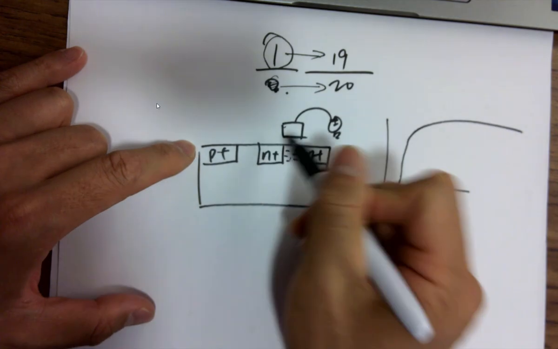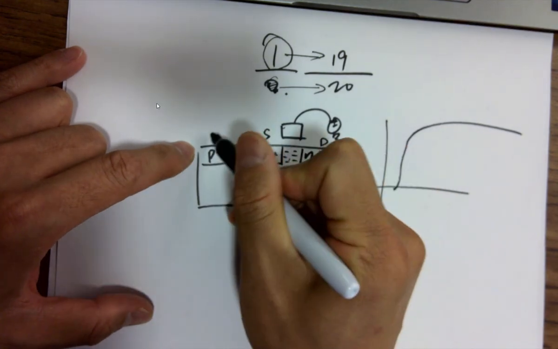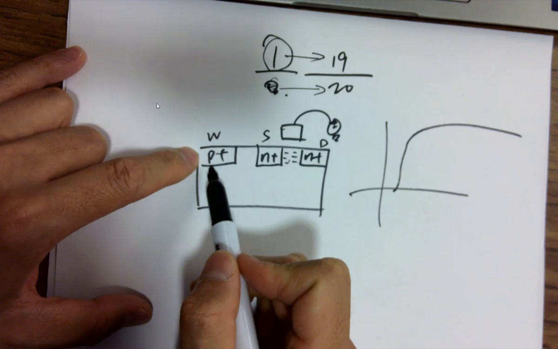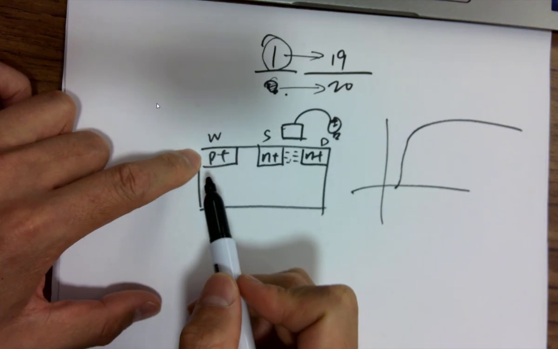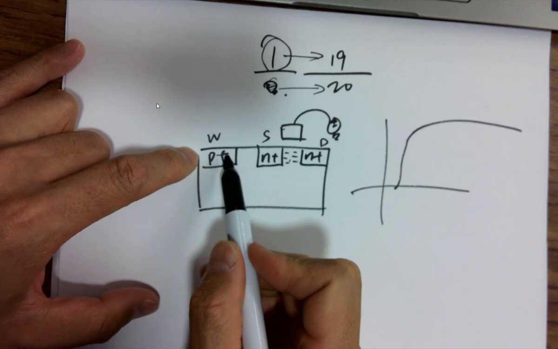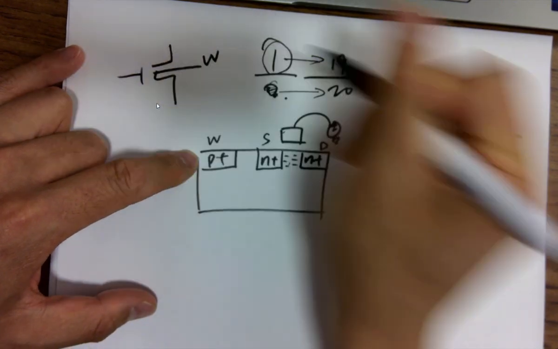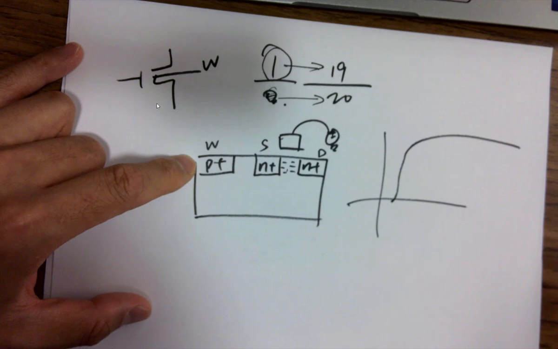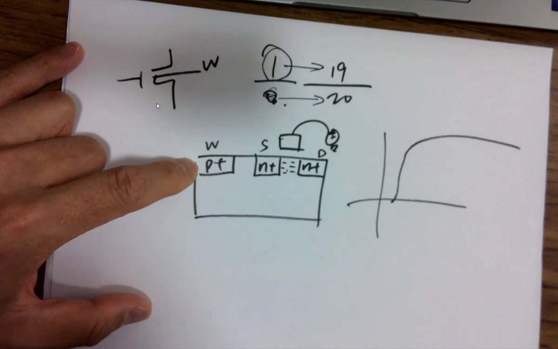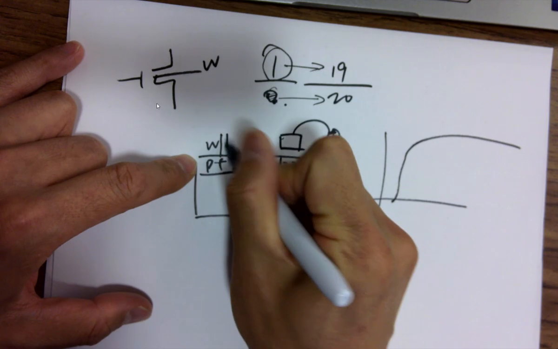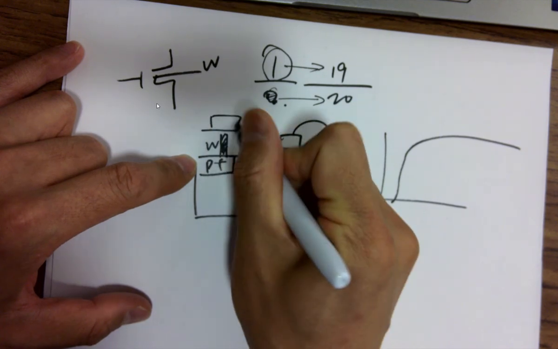So for this one, the drain, the source, this is the well. Why is it the well, even though it's not a well? In the terminals of the transistor from the lab yesterday, you'll see the terminal labeled as W, right? It's the well. Why is it called a well? It's a well tap. It's basically the well. So the P plus is able to have a via and connect to metal 1, right?